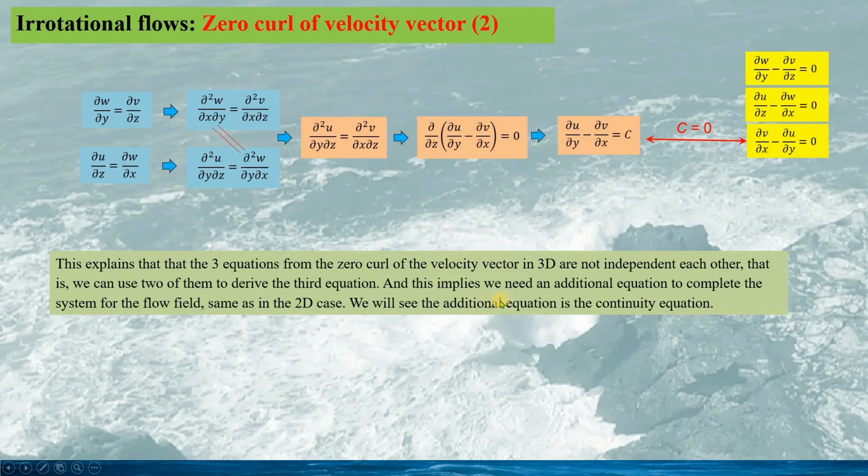And we will see the additional equation would be the continuity equation. As such, we can see in both 2D and 3D cases, we need the continuity equation to complete the equations for the fluid velocities in irrotational flows.